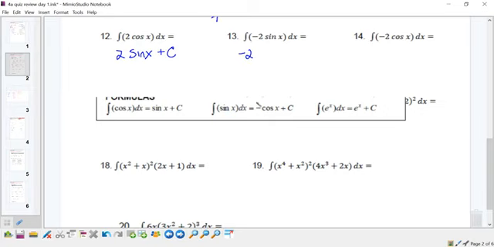Sine goes to negative, so times -1 cosine x plus c. So -2 times -1 is +2. The -2 coefficient carries to your antiderivative. Cosine goes to positive sine x plus c.